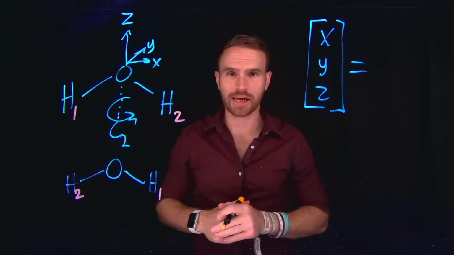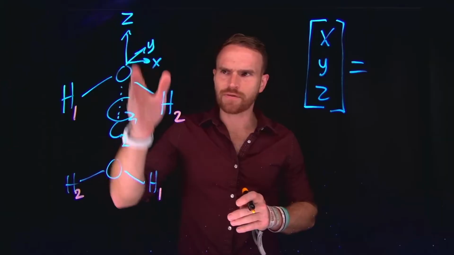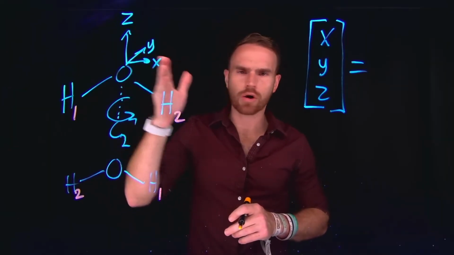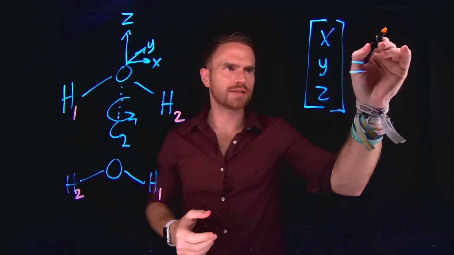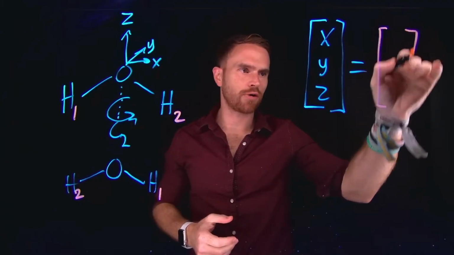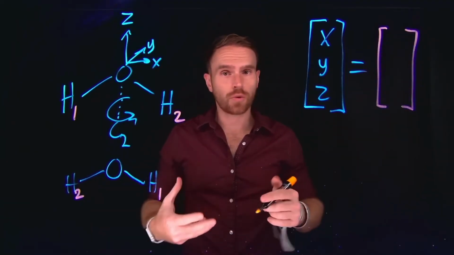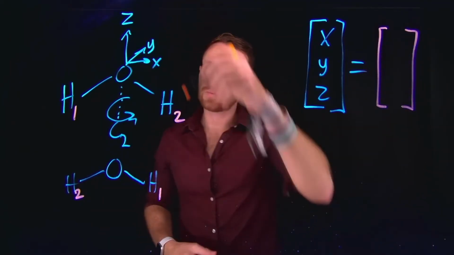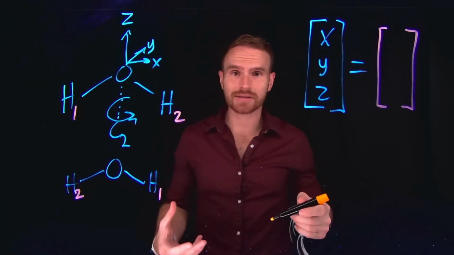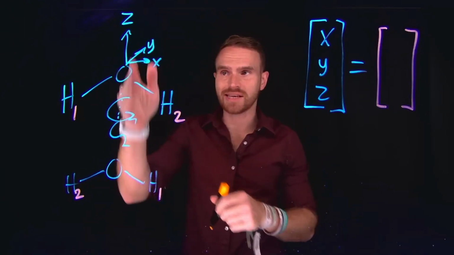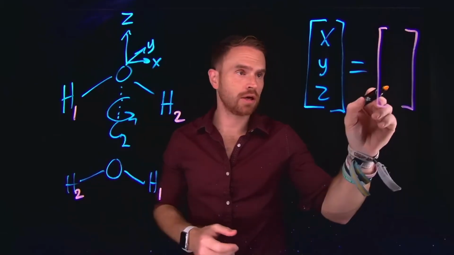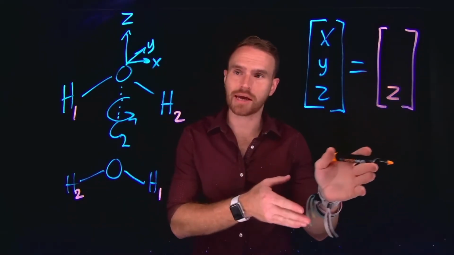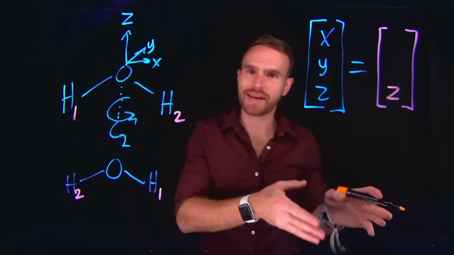So now let's think about what that means as far as what has happened to our original x, y, and z coordinates, and we can use that to generate what our new coordinates might look like. Remember, when we do that C2 rotation, we're rotating along the z-axis, and therefore, by definition, the z-axis remains unchanged. So our z-axis will still be the same before and after the transformation.